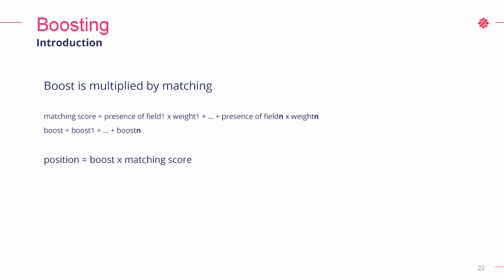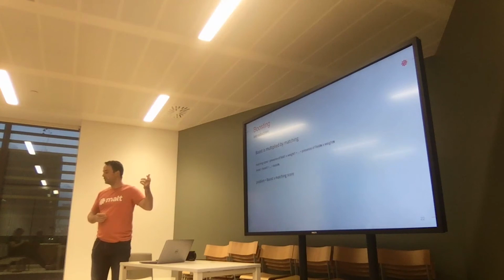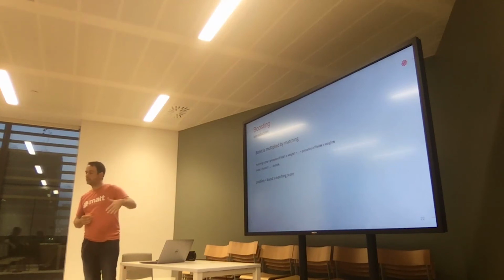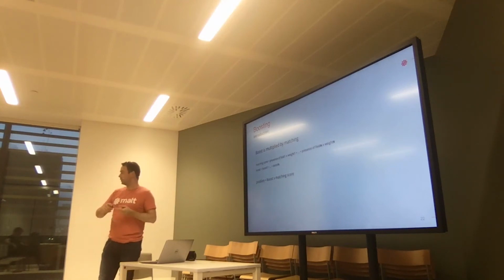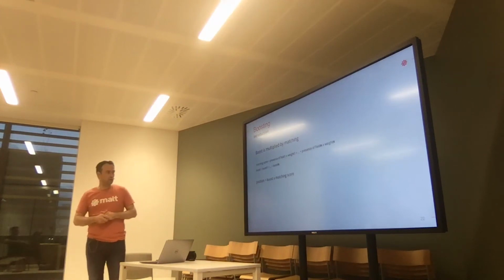So the boost: you can apply some boost on every term. You can have some weights for every field, but you can also have some boosts that you decide after your formula with custom score functions, and I will discuss that.